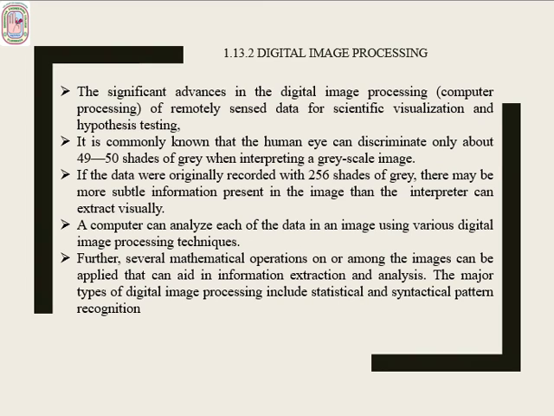A computer can analyze each of these data in an image using various digital image processing techniques, and further, several mathematical operations on or among the images can be applied that can aid in information extraction and analysis. The major types of digital image processing include statistical and syntactic pattern recognition.